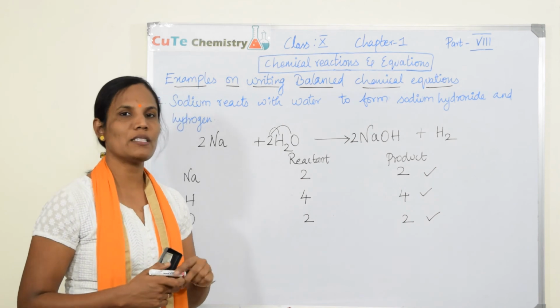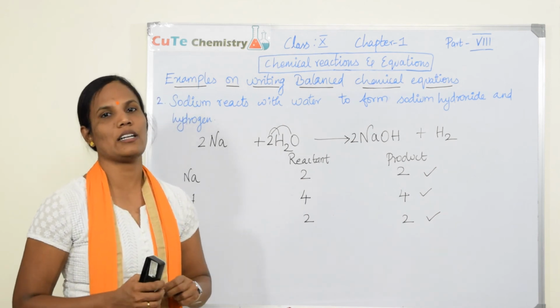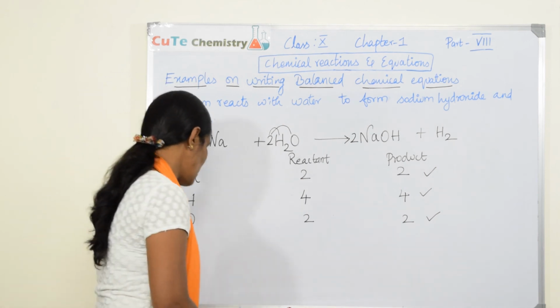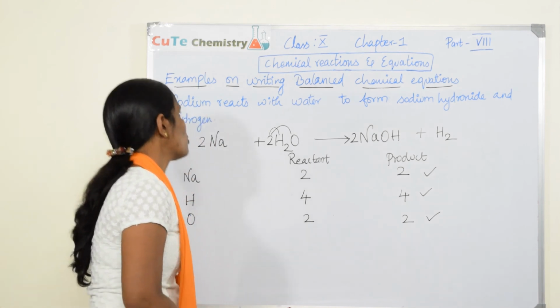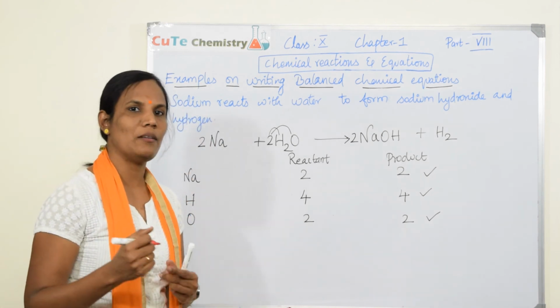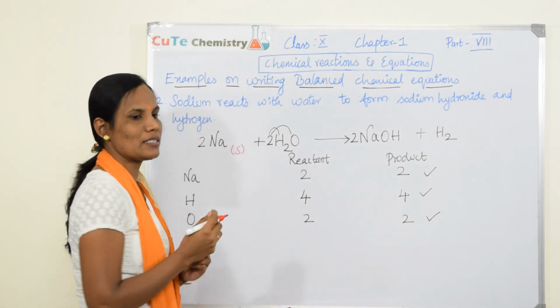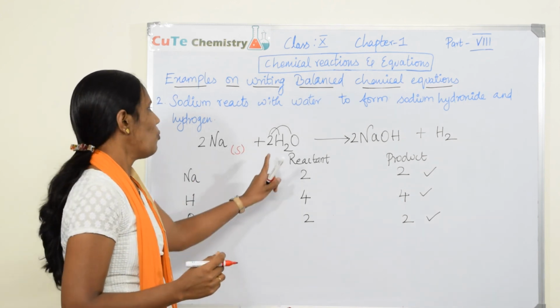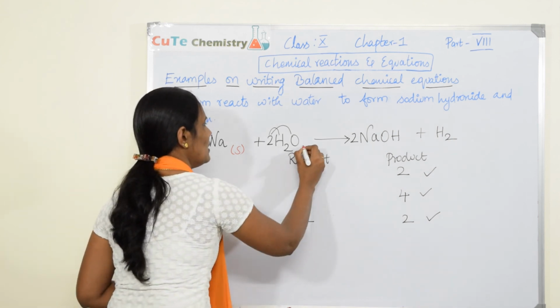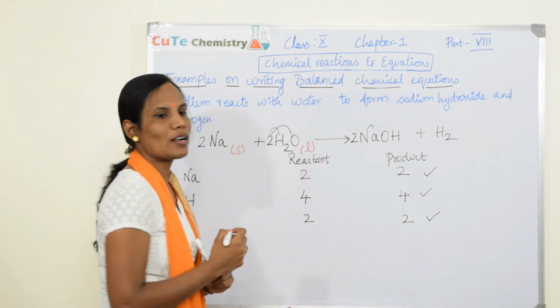The next step is to mention the physical states of the reaction so that the equation becomes more informative. Sodium is a metal, so the metal will be in the solid state, which is represented as s. Water is liquid.